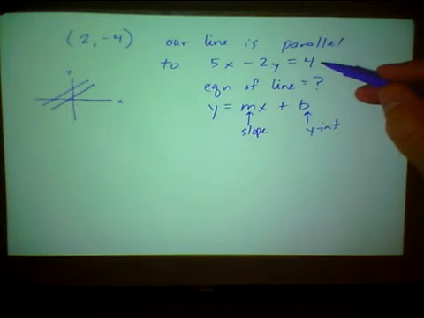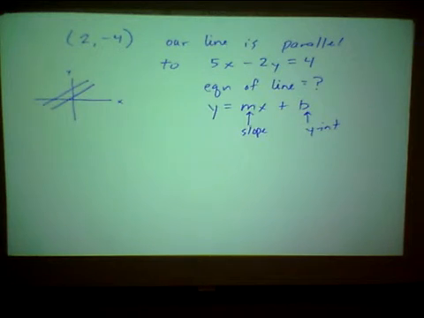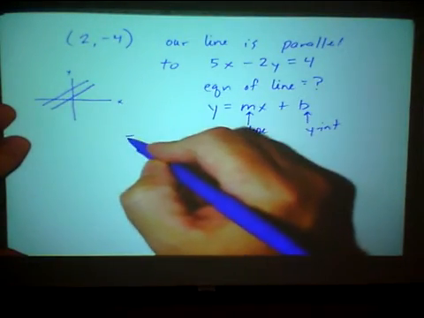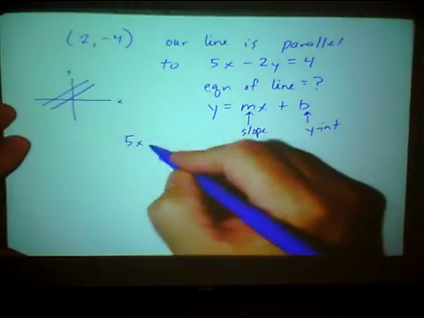So another quick check: given the equation of a line, how do we find the slope of that line? The way we do it is we take the equation and put it in slope-intercept form, which means get the y by itself. Because once you get the y by itself, then whatever number is in front of the x is going to be our slope.